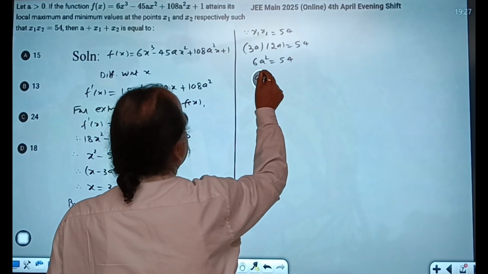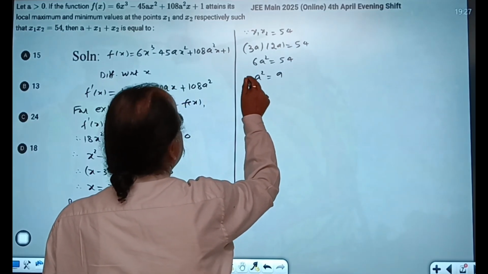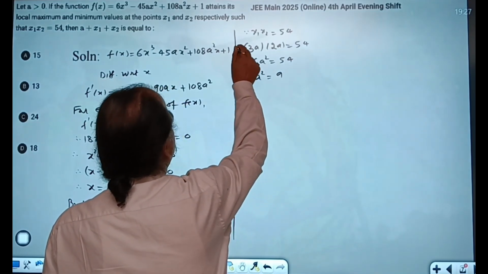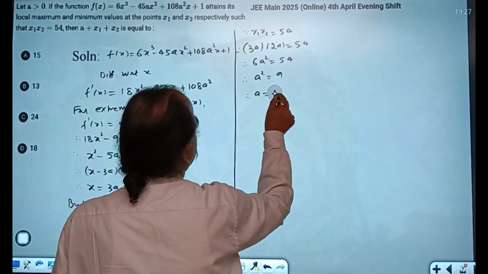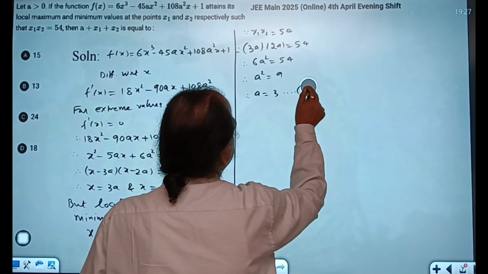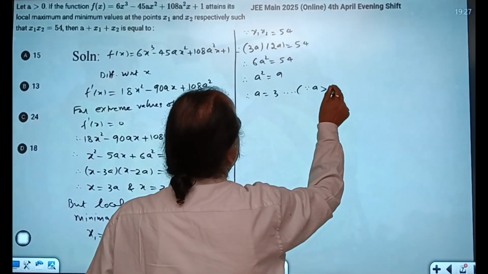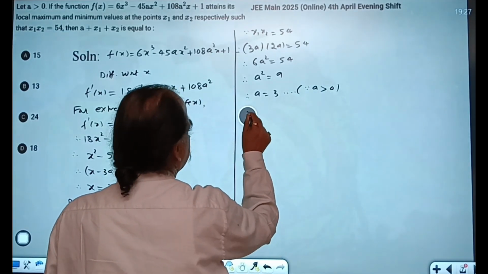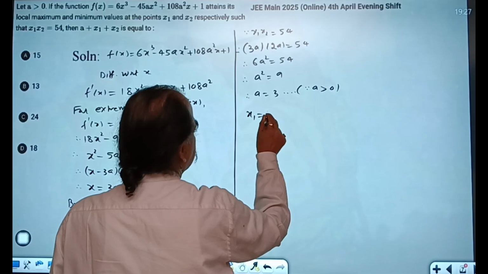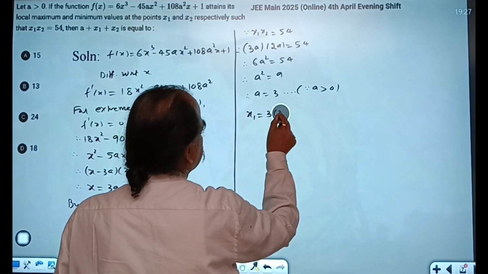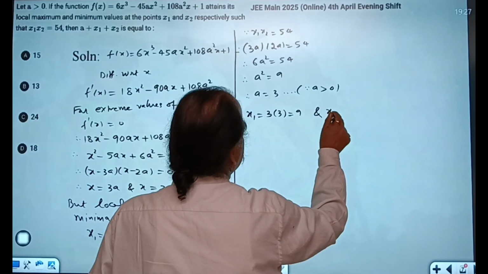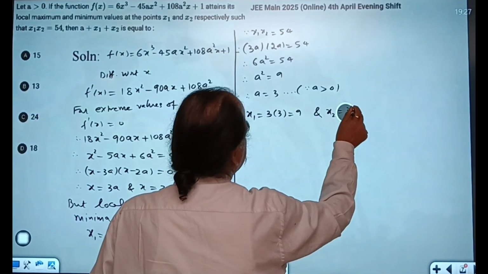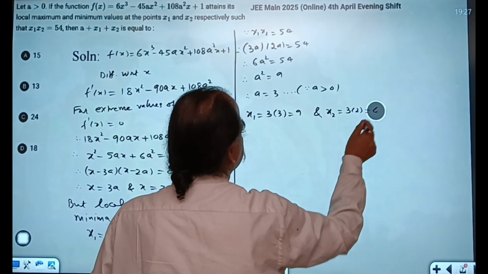So a square is 9, so a will be 3 because a is positive. So x1 will be 3 into 3, 9, and x2 will be 3 into 2, 6.